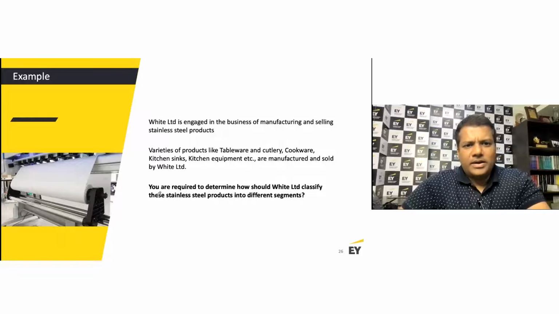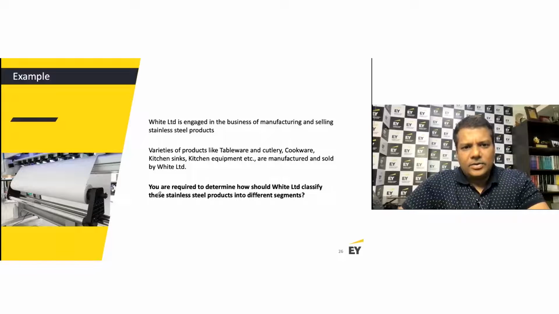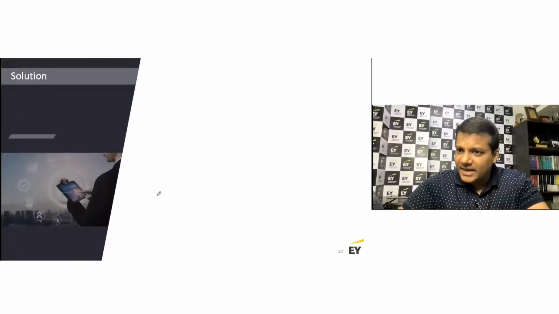You are required to determine how White Limited should classify these stainless steel products into different segments. So you're doing the manufacturing and selling, and there are multiple things which you're doing. We are required to determine how we should present this into different segments.